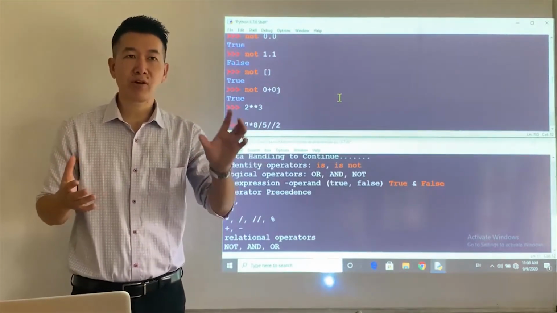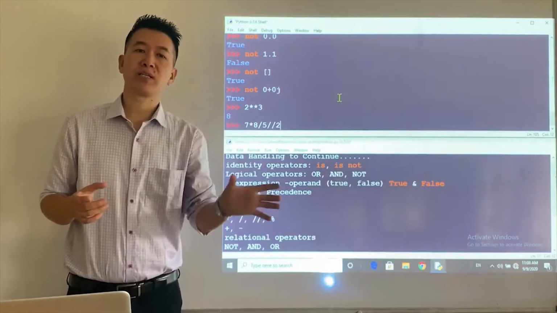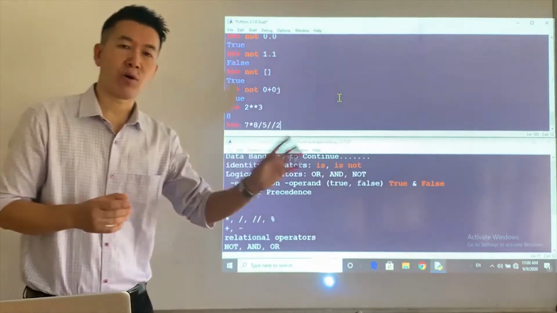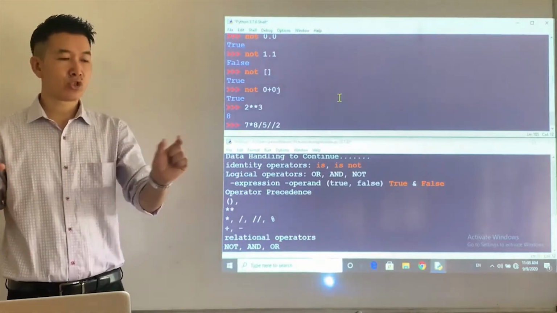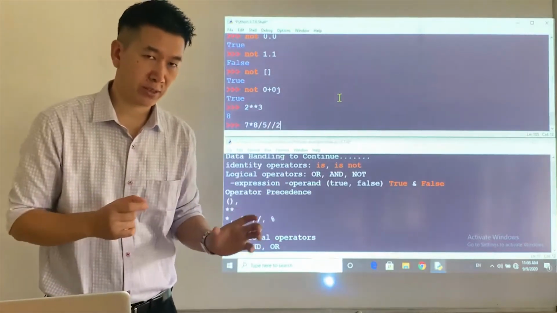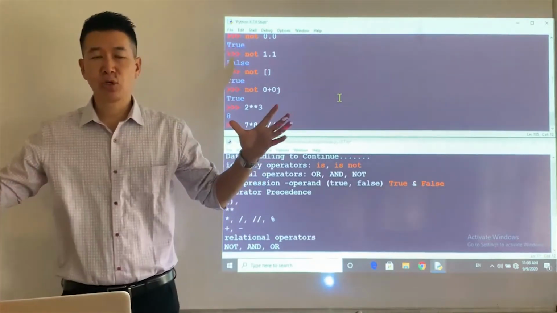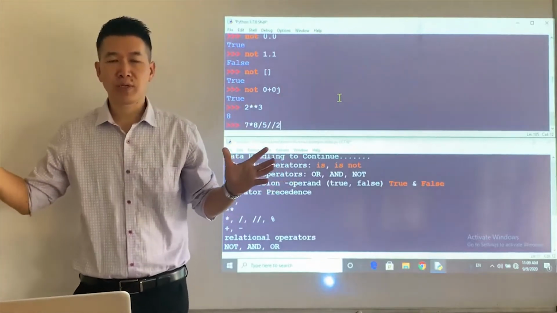This expression could be arithmetic, in which case you have arithmetic operators. If it's a logical expression, then you should have logical operators. If it's a relational expression, it should have relational operators. Sometimes you could come up with expressions which are mixed up, with all possible kinds of operators.